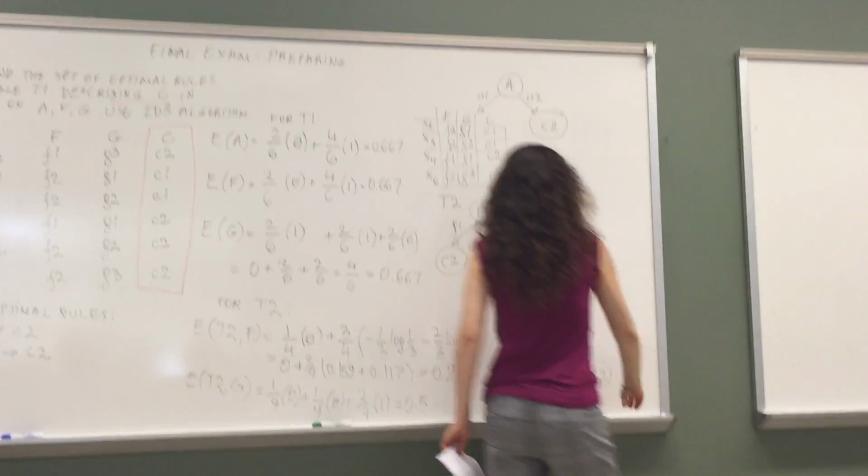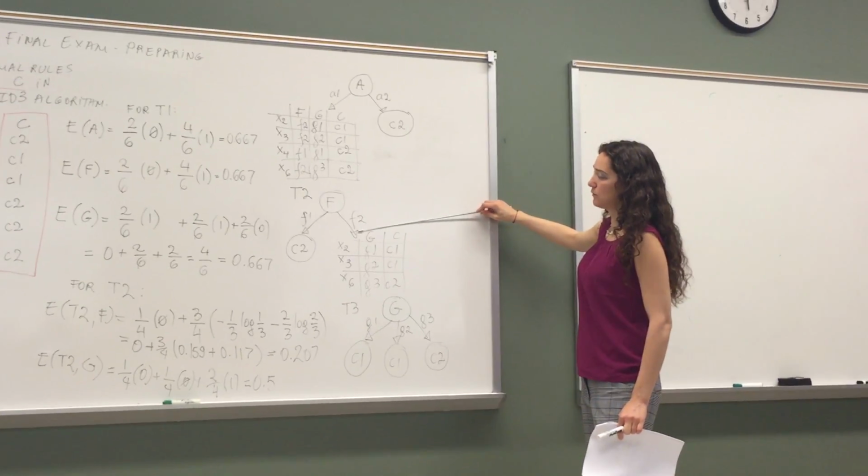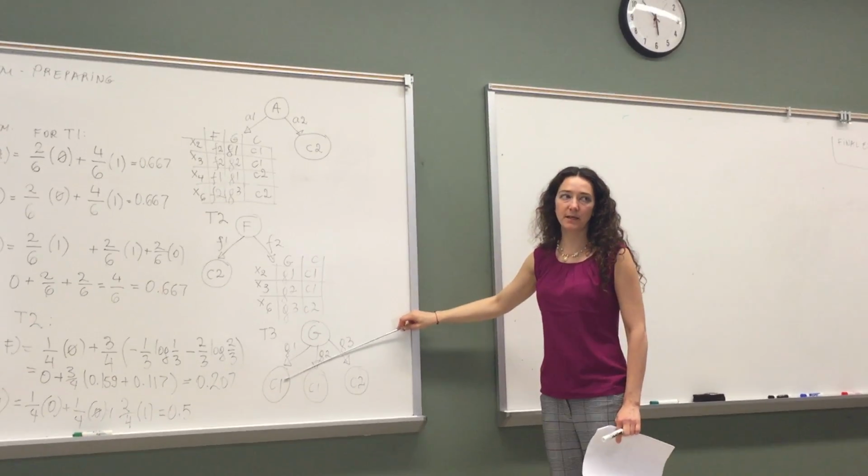Next rule is if A is equal to 1 and F is equal to 2 and G is equal to 1, then C1.